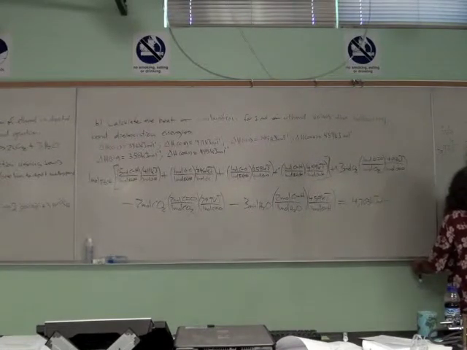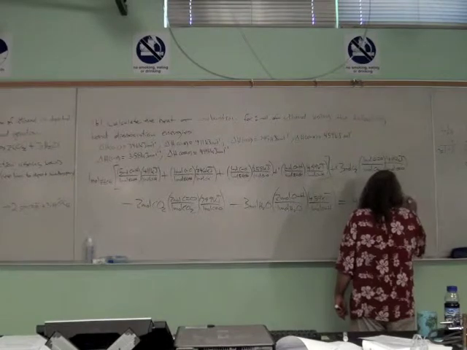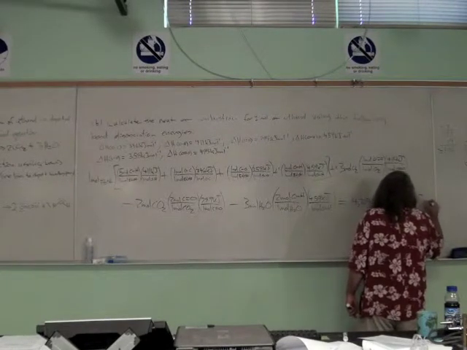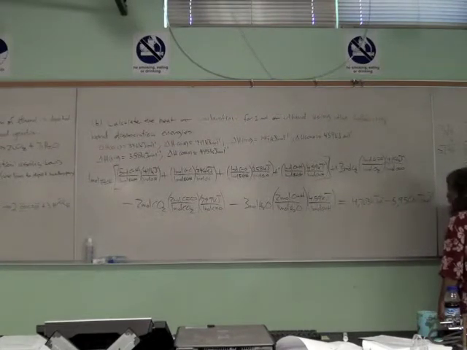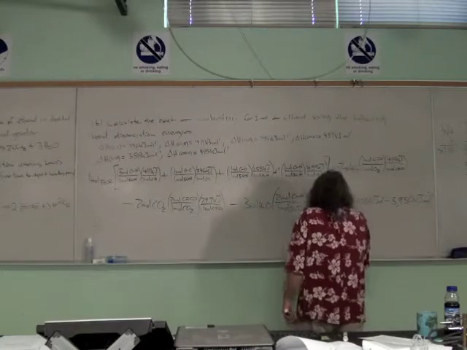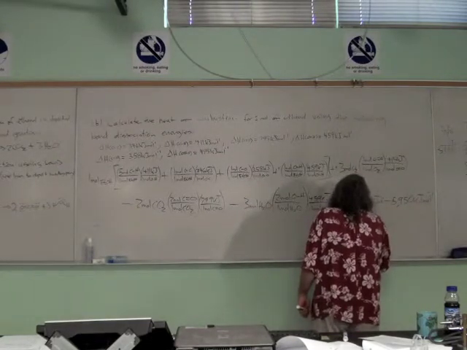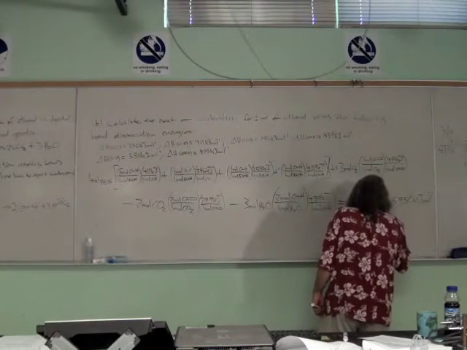So I have 5,950 kilojoules per mole. Equals minus 1,247 kilojoules per mole.